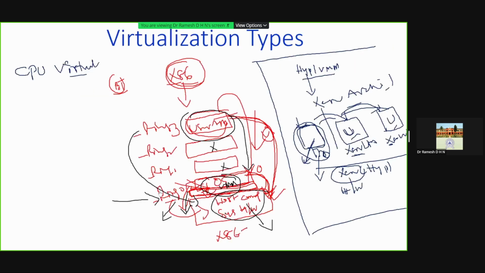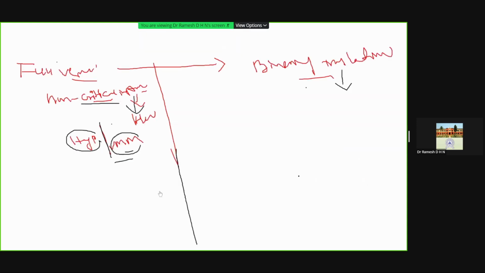Okay, so simply I wrote host operating system, and after that only operating system. Now we'll do full virtualization using binary translation. So this is the host computer system hardware.